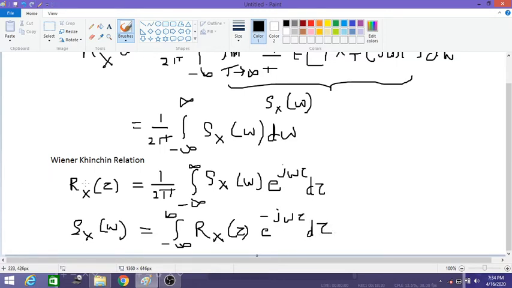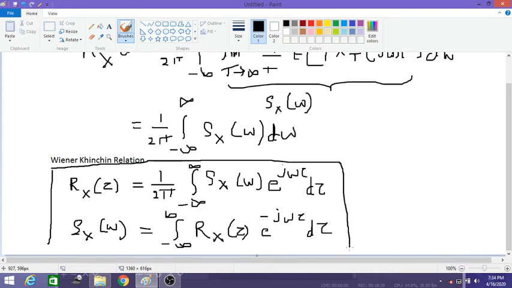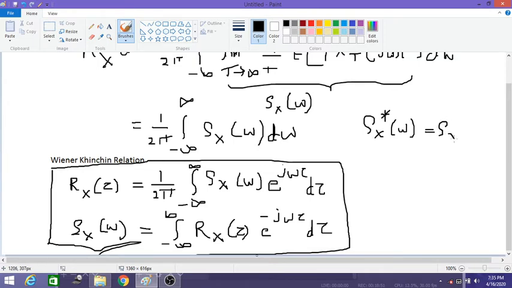So these are the important relations which we're going to use in the further analysis. Now this is the Fourier transform pair of an autocorrelation function with our power spectral density. A few minor things that we will see: the complex conjugate of Sx of omega is nothing but Sx of omega itself.